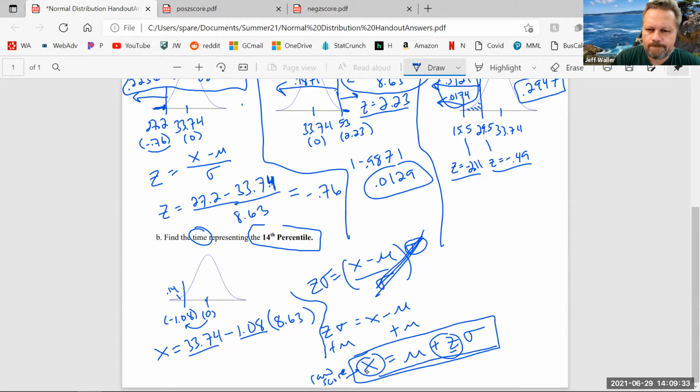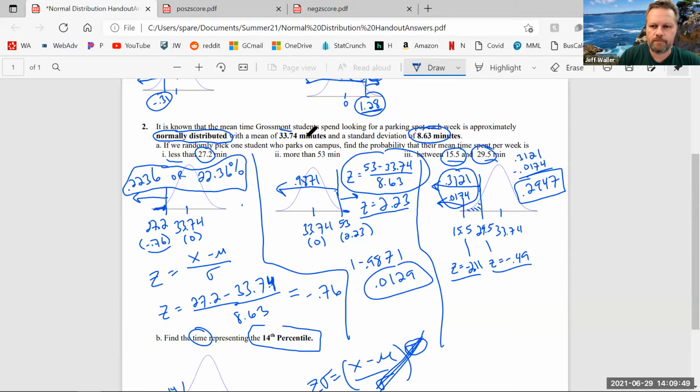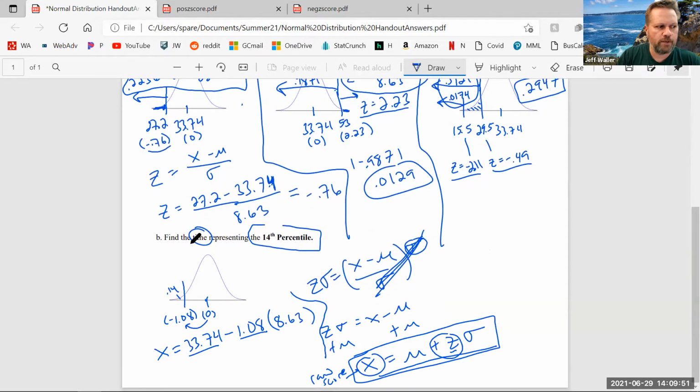Can you repeat what X means one more time in plain English, please? Did I not use plain English before? You did. I'm writing everything. Okay. So as always, X is the variable. What is the variable in this problem? Time. And what's the question want? Time. That's why it makes sense. I'm going to use a formula that solves for X. So when I plug all my stuff in, I'm going to get X. And in this problem, X is the amount of time.